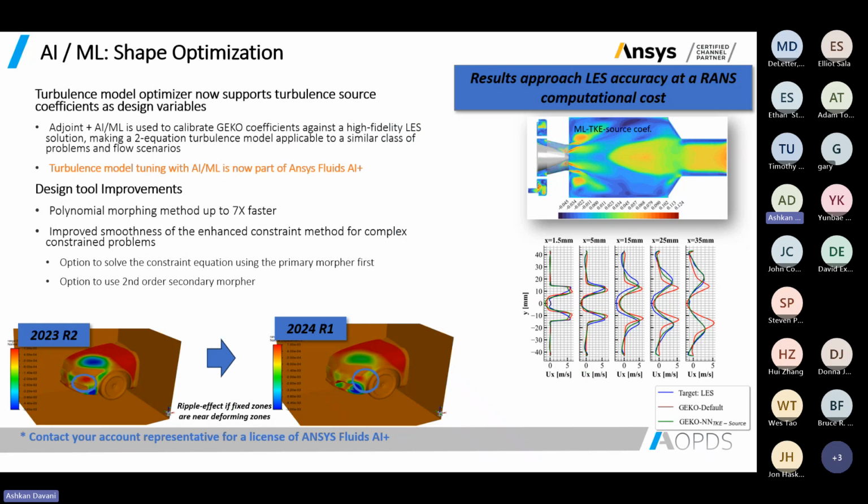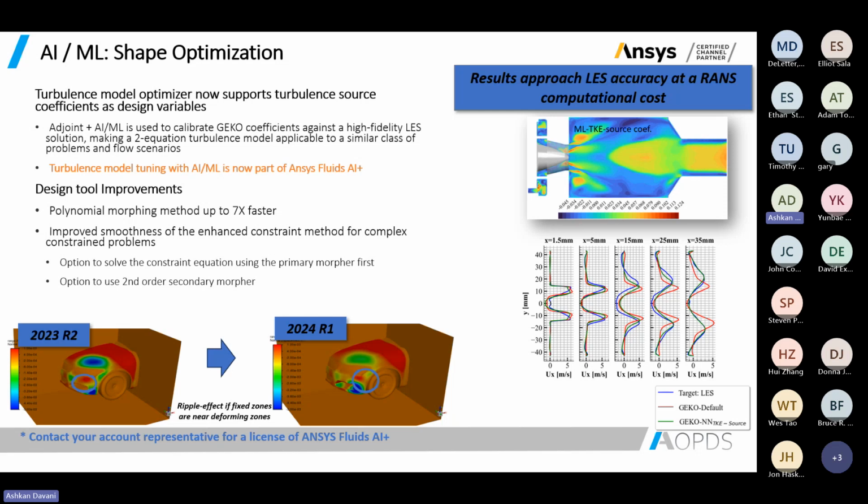Another exciting thing, which I personally like as well, is the AI and machine learning optimizations in Fluent. As you may know, we had these adjoint-based solver optimization schemes in Fluent, where you wanted to maximize or minimize some value, some property that you defined, and automatically Fluent goes through a range of simulations and data processing to get that value to what you want. Now, AI is helping that.